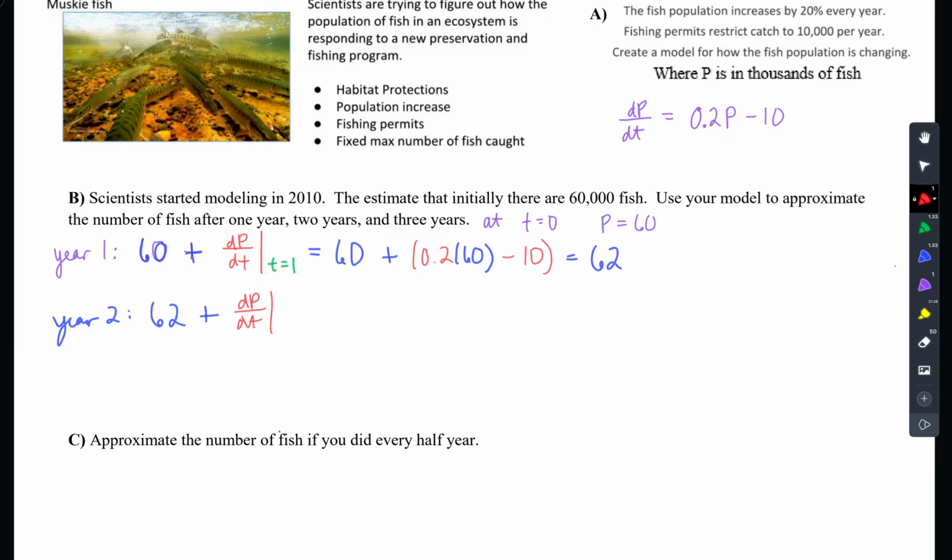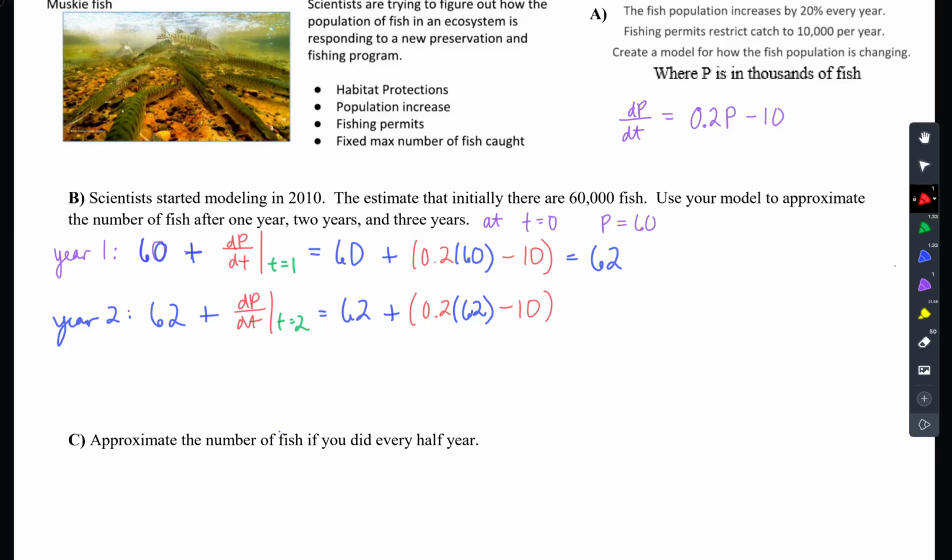But now you're at t equaling 2, so it's year 2. So you take your 62 plus 0.2 times 62, because that's your P. Again, I'm getting it from over here, right? And then minus 10.